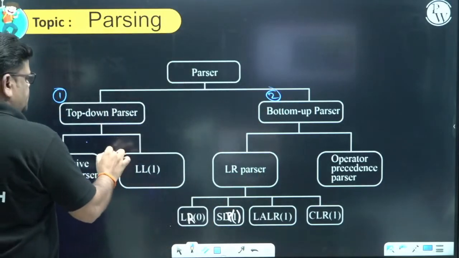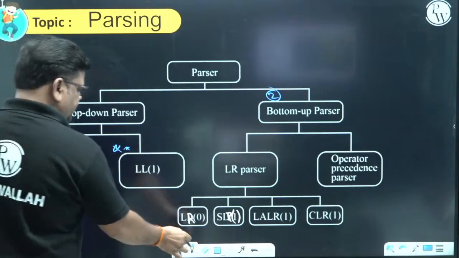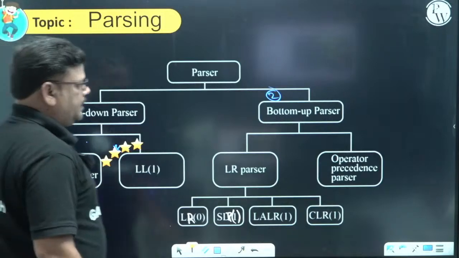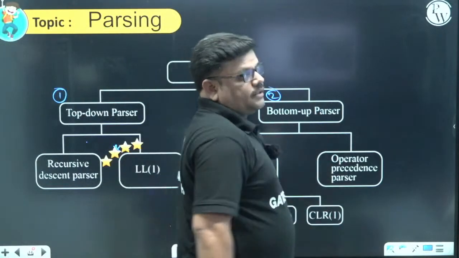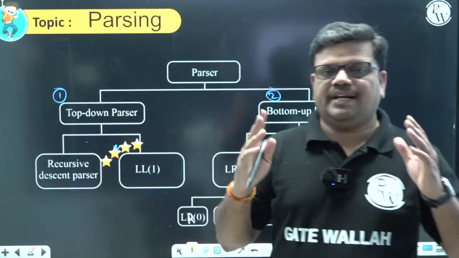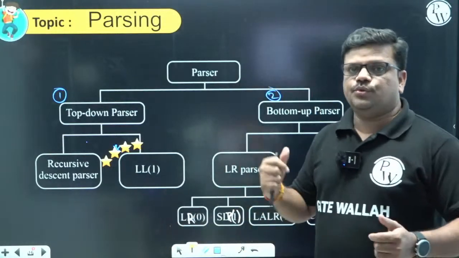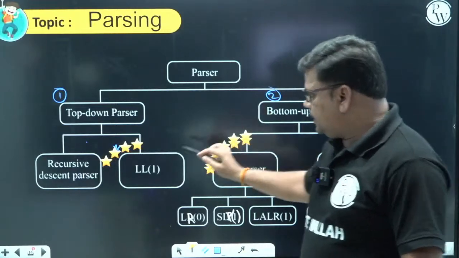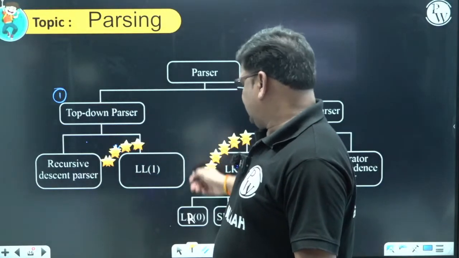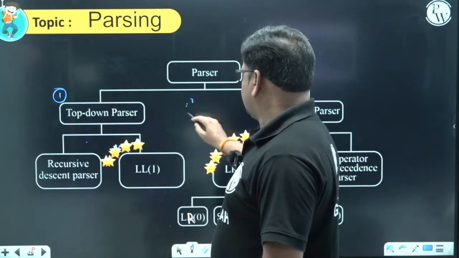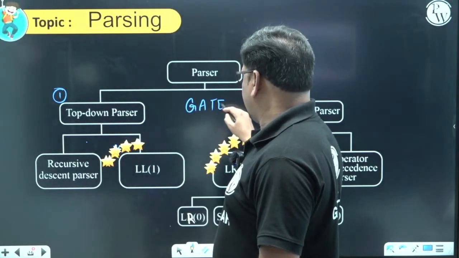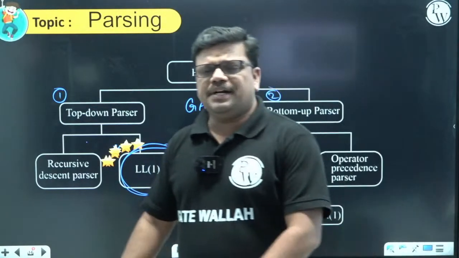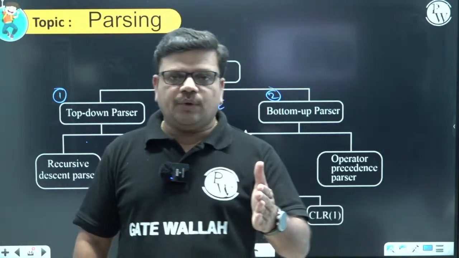In the top-down, the most important one is LL1, which we discussed in the last class, and today we are going to bottom-up parsing. From the GATE examination point of view, LR parsing is the most important one. Operator precedence is also important, but less so compared to LR.